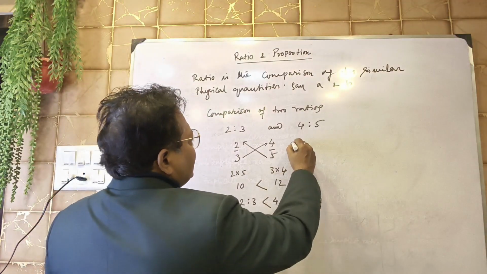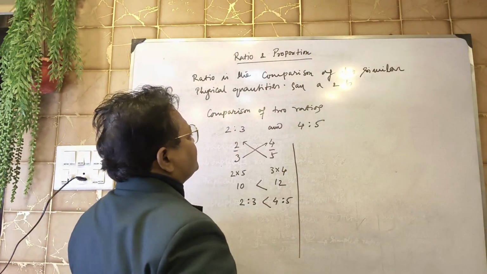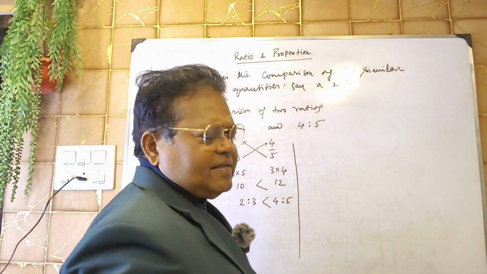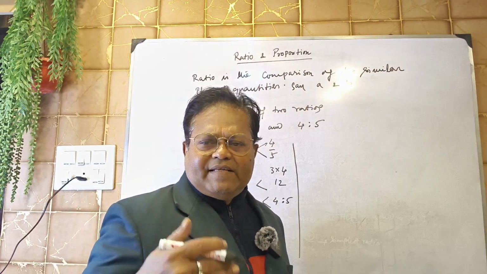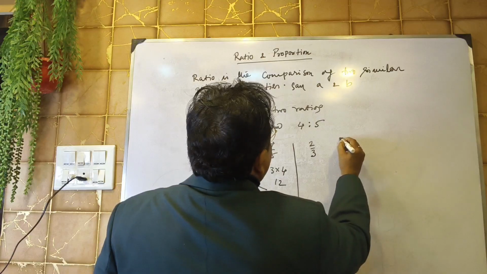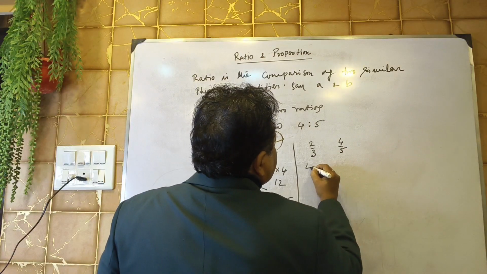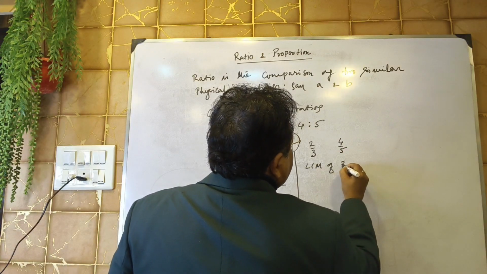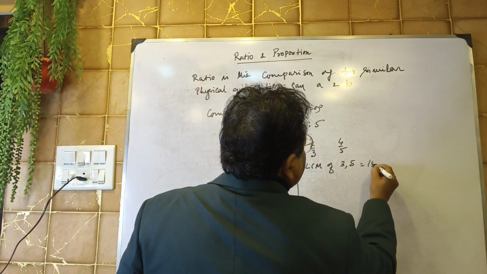It can also be done by taking the LCM of the denominators, making the denominators equal. Suppose 2 by 3 and 4 by 5. Take the LCM of 3 and 5, you will get 15.